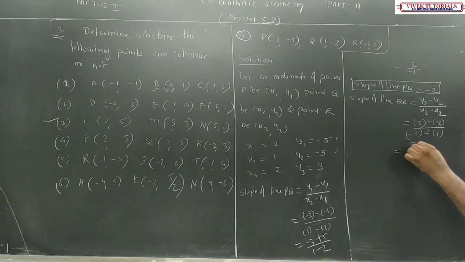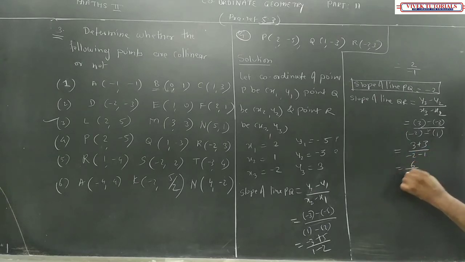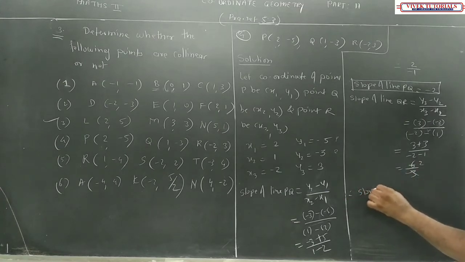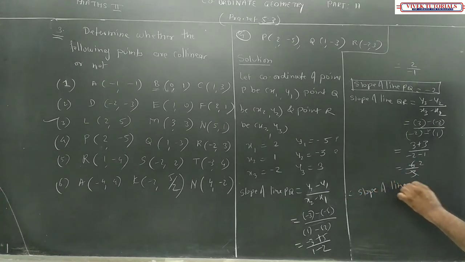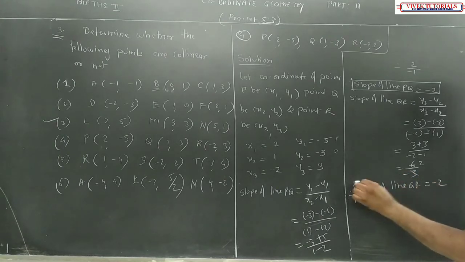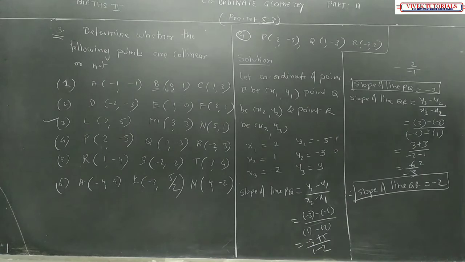So we are getting 3 plus 3 upon -2 minus 1, which is 6 upon -3. It gets cancelled, so the slope of line QR becomes -2. So what are you going to write? Therefore, the slope of line PQ is equal to the slope of line QR.